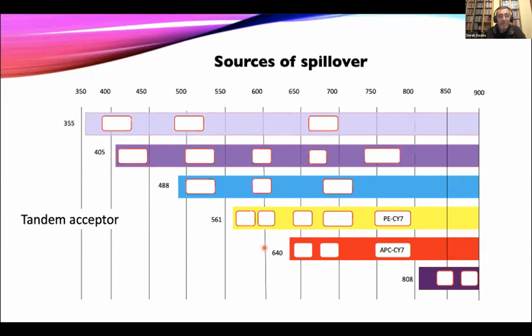And of course, the Cy7 molecule is still going to emit at about 780, which is where we would expect to see APC Cy7 fluorescence. All of these cases of spillover, we're going to be able to deal with by the process of compensation. It doesn't matter where that spillover has come from or how it's arisen. We use exactly the same process to account for it.